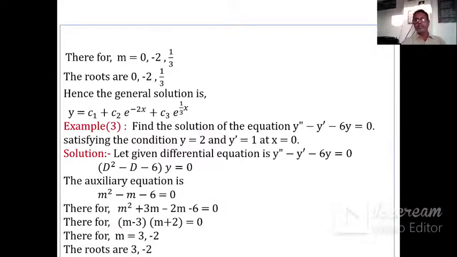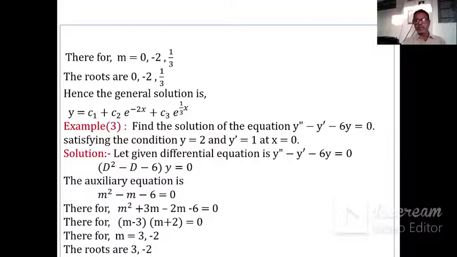In this example, we want to first find the general solution, and then by using the given conditions, we want to find the particular solution of the given homogeneous linear differential equation. First, as in the previous two examples, we find the general solution of this differential equation.